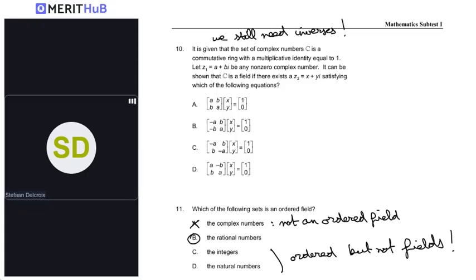We still need inverses. Now, they're not asking us to prove it has inverses. We know it does. But what they're saying here is that one of these answers implies that we have inverses. Well, what would it mean that Z2 is the inverse of Z1? What would be the definition of that?